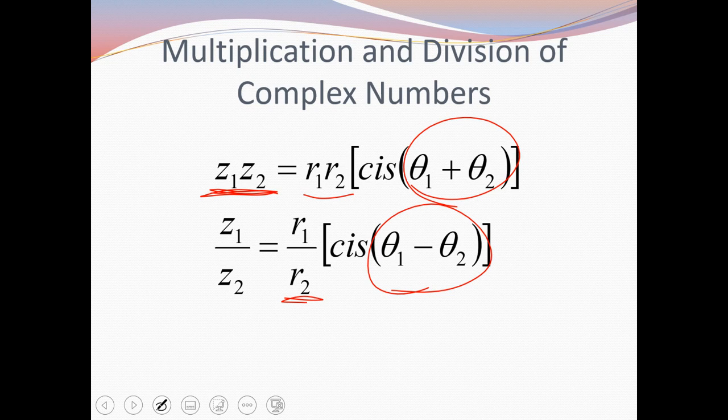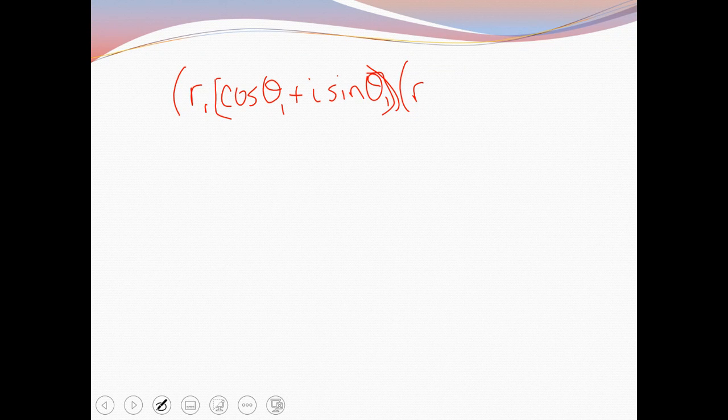So if you're curious as to why this is, let me do a quick proof of that first one. So we have two complex numbers, R1 cosine theta plus I sine theta, I'll call those theta 1, times R2 cosine theta plus I sine theta. There should probably be another bracket inside here.